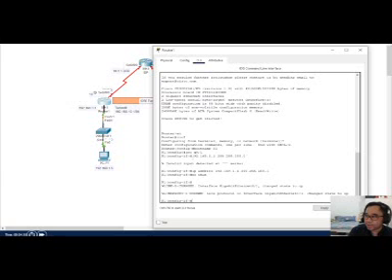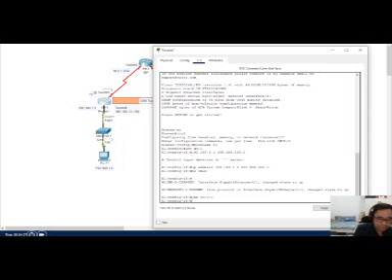Okay, then we configure the serial port going to the ISP. Interface serial 0/0/0. Okay, so we put the IP address.